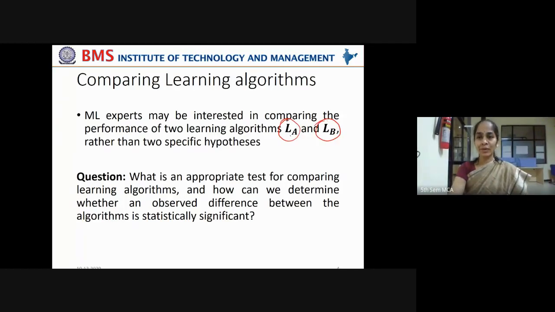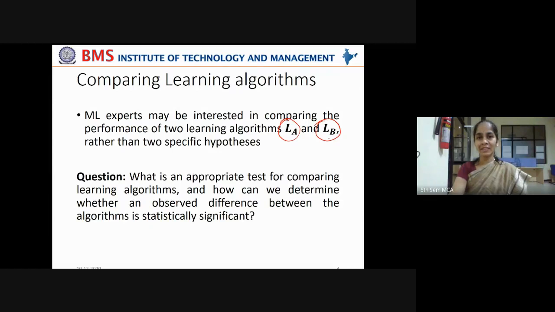Okay, the first learning model is taking up the algorithm by the name A, and the second learning model is taking up the algorithm B. Say in the first case it is multi-layer perceptron, or it has taken the back propagation algorithm.